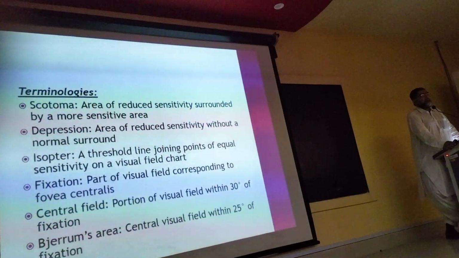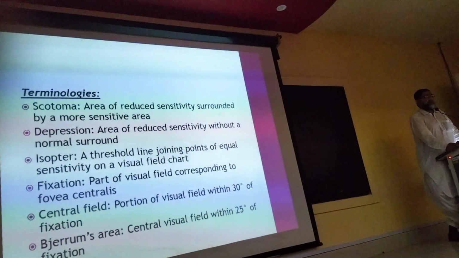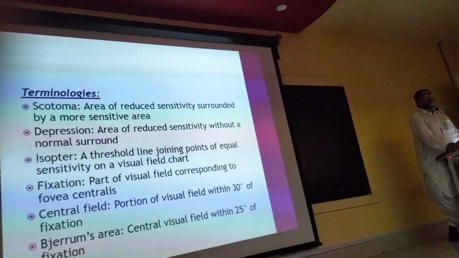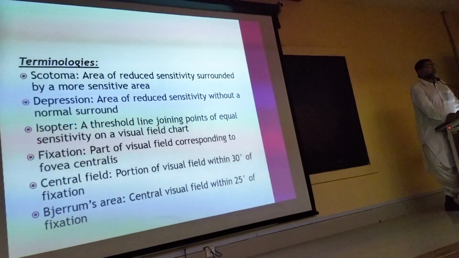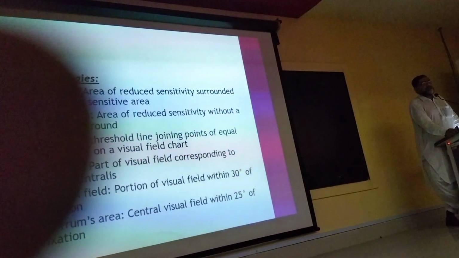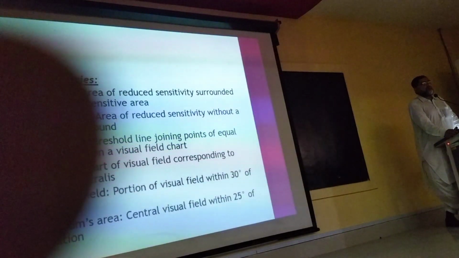If you link all those areas, they will make up an isopter. Fixation: whenever you fixate on any object, it's your fovea which is functioning. So a point of fixation is that area which has been fixated.